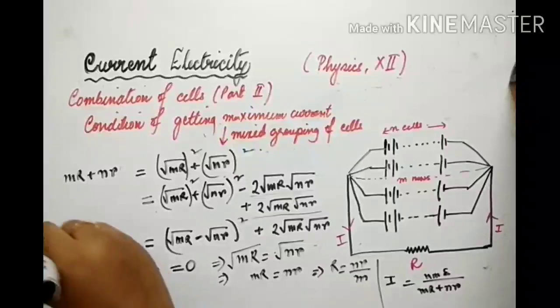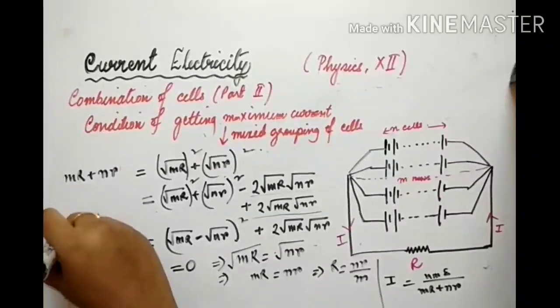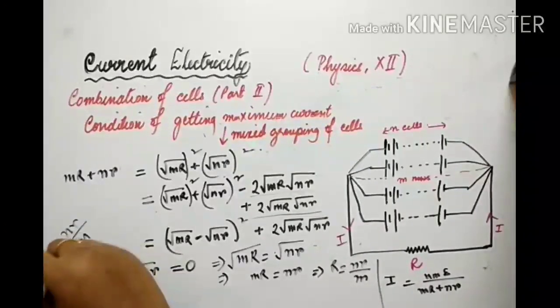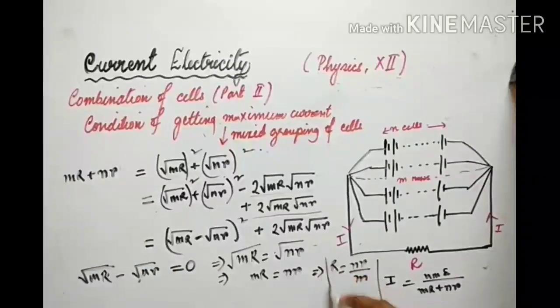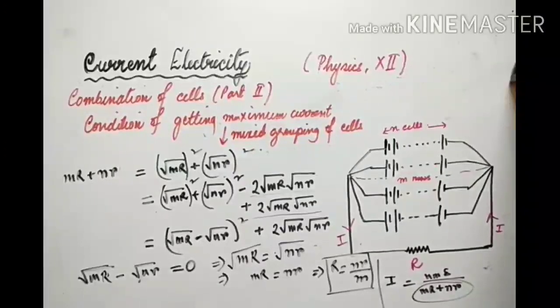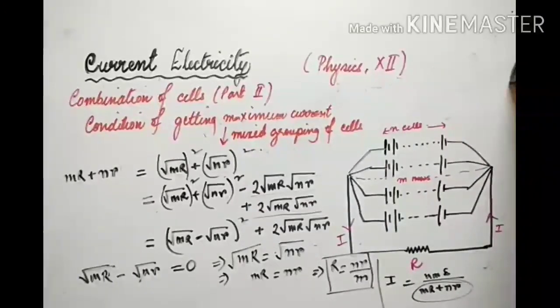So when our resistance is equal to the internal resistance, we will get the maximum current, because this is minimum then. So this is our condition for getting maximum current in case of mixed grouping of cells. So the conditions you have to remember.